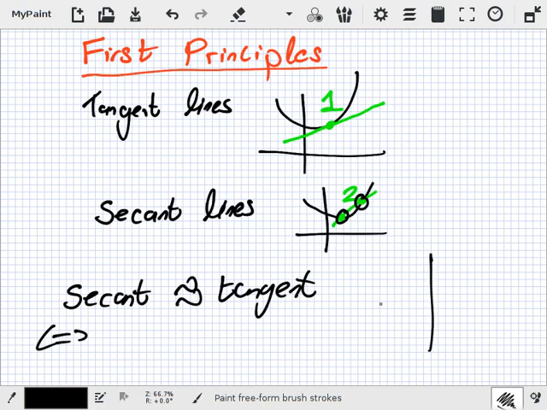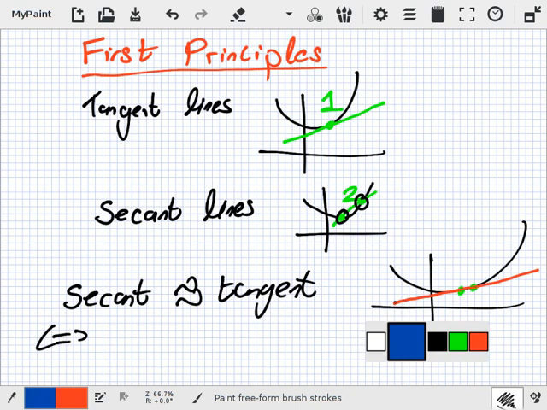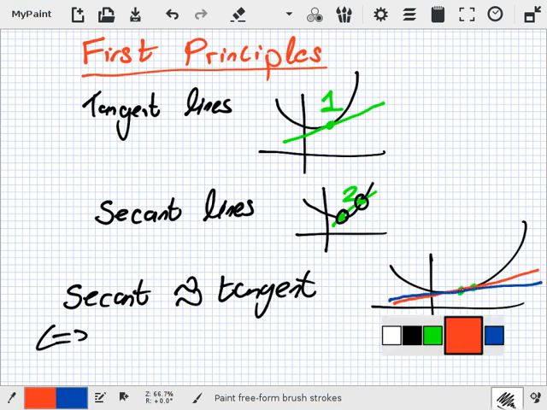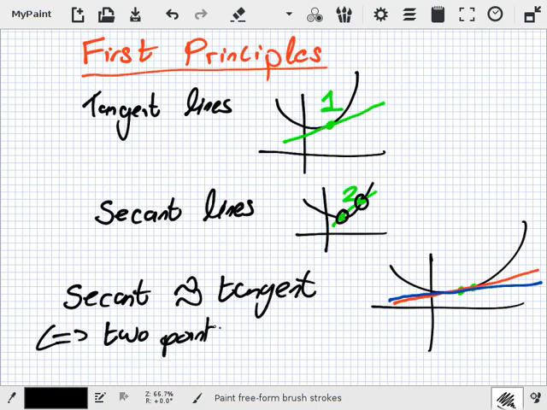If the 2 points are rather close together, we can all appreciate that the line is not going to be much different to the actual tangent line. So secants and tangents can nearly be considered the same if the 2 points are almost together as 1 point. Although simple enough, it's a very important idea for this lesson.